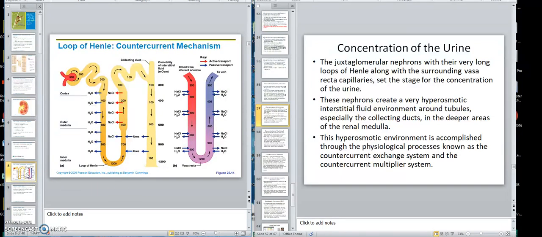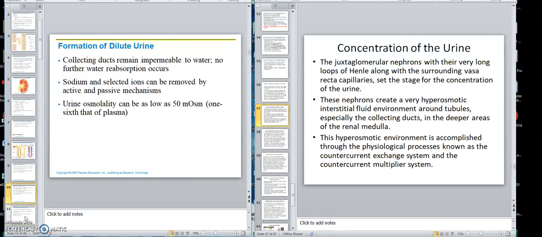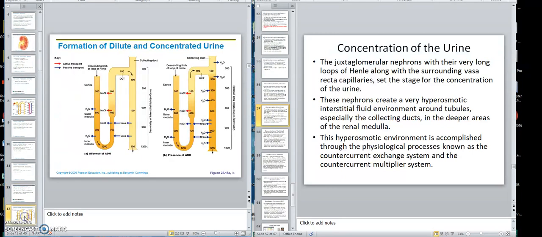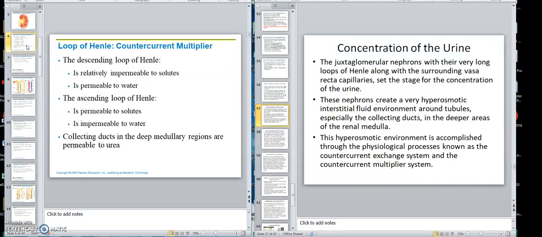The countercurrent mechanism. There are two systems: the countercurrent multiplier system and the countercurrent exchange system. Now what I have done is I've inserted a link to a nice video that you can look at to see how these systems work.